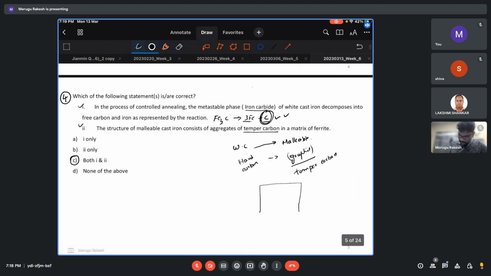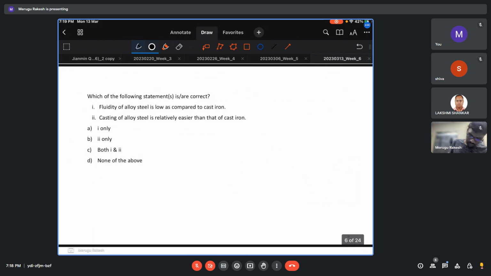So it will be like this temper carbon. Okay. Then we'll draw all the microstructures. Regarding the microstructures, we have a discussion. So let's move to the next question.